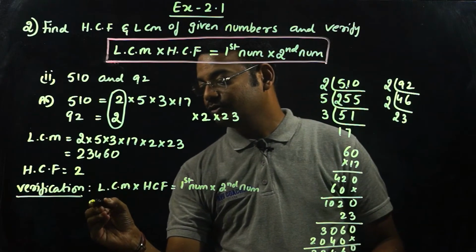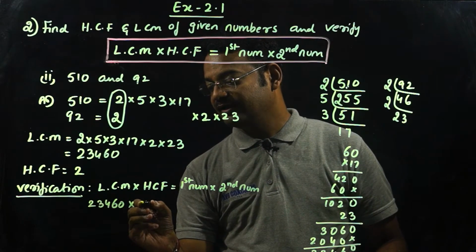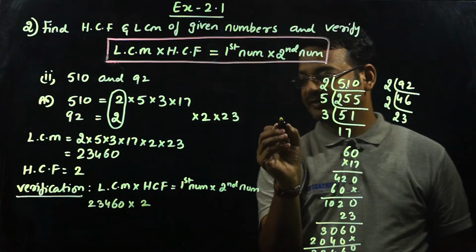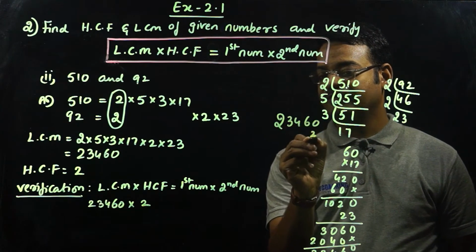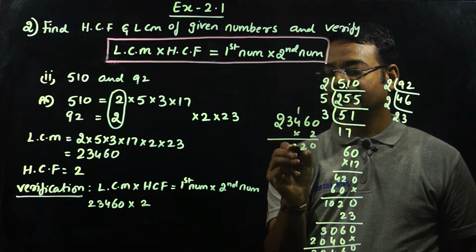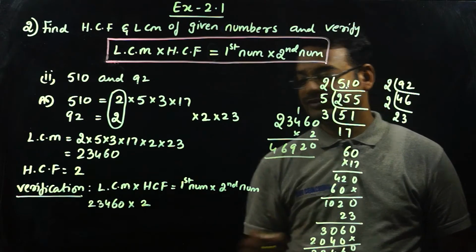LCM is 23460 into HCF, which is 2. If you multiply this, 23460 multiplied by 2: 2 6s are 12, 2 4s are 8 plus 1 is 9, 2 3s are 6, 2 2s are 4, 46920.